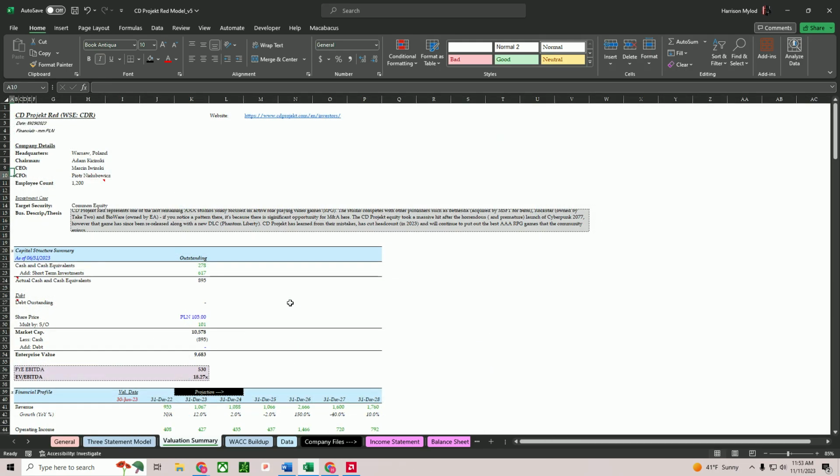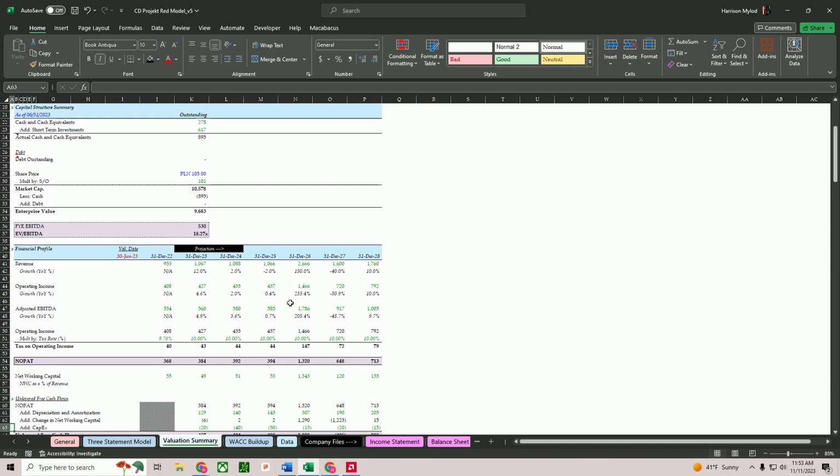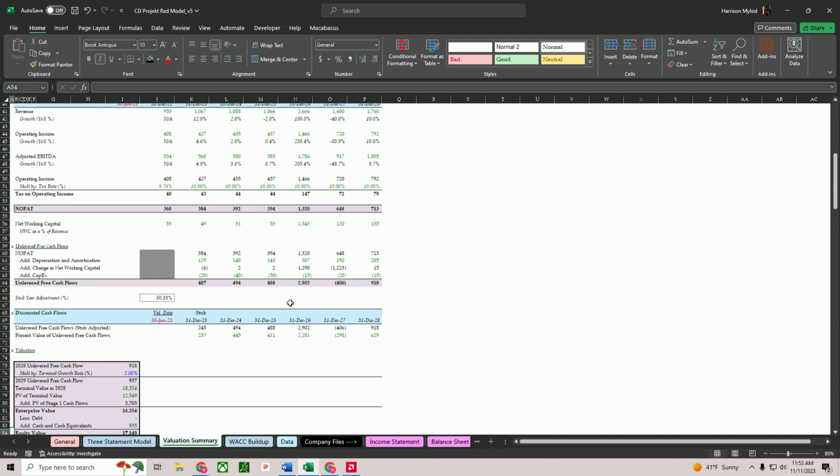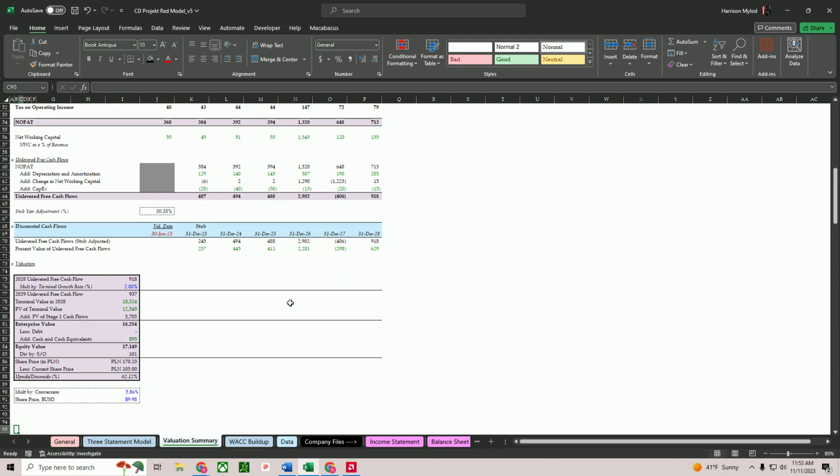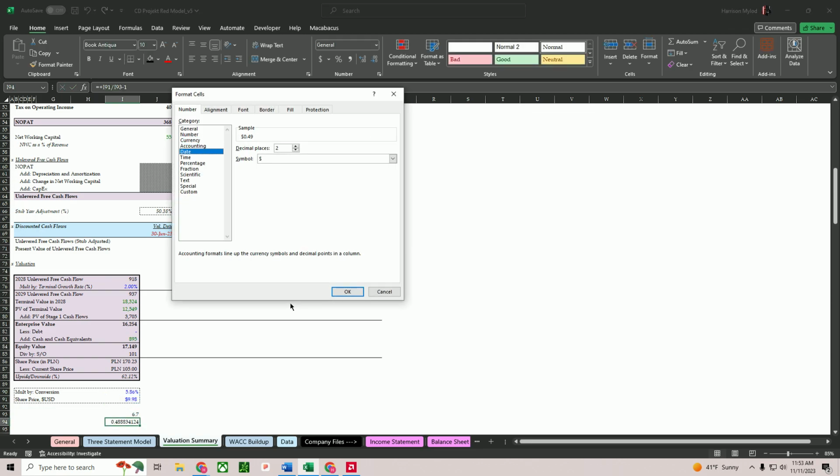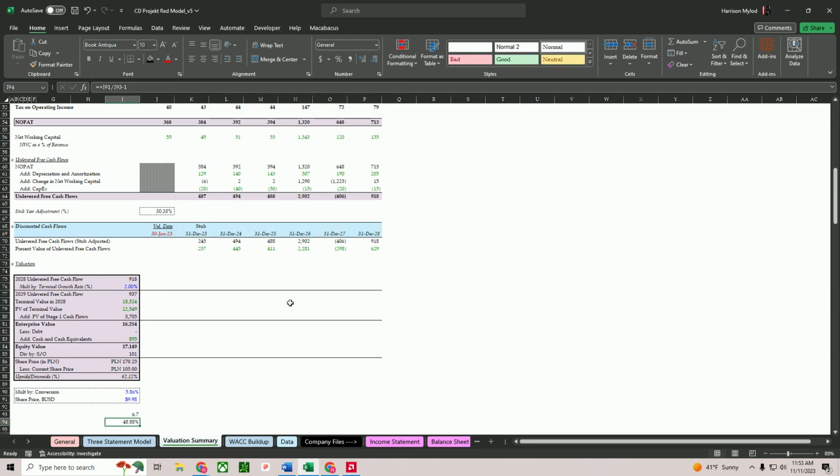Here's the valuation summary. Quickly walk you through this. So I have it valued at about $10 a share, and right now it's trading at about $6.70, which is growth of about 48%.